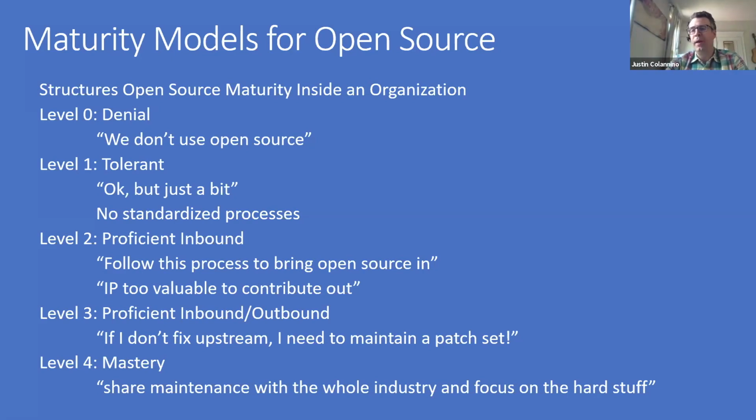But the idea is, well, that was great, I have this dependency on some third party's work, and now, wow, there's a problem with it, and I need to patch that problem, and now all of a sudden my version of the software has diverged from the version upstream. It's really expensive to maintain that patch set. And are the patents or copyrights that I'd be contributing back really so valuable that I can't go patch it?